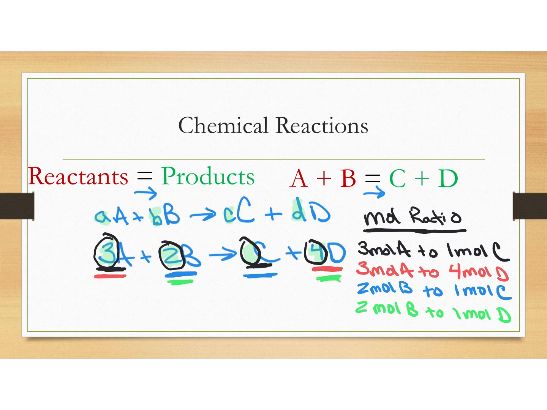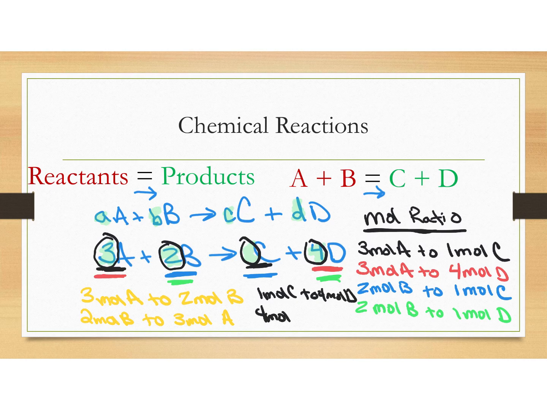So I could actually write, I have 3 moles of A to 2 moles of B, or 2 moles of B to 3 moles of A. Or likewise, I would have 1 mole of C to 4 moles of D, or 4 moles of D to 1 mole of C.